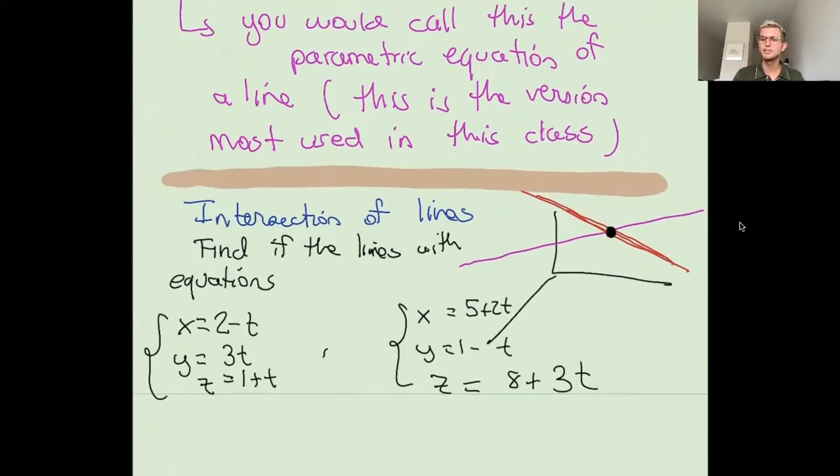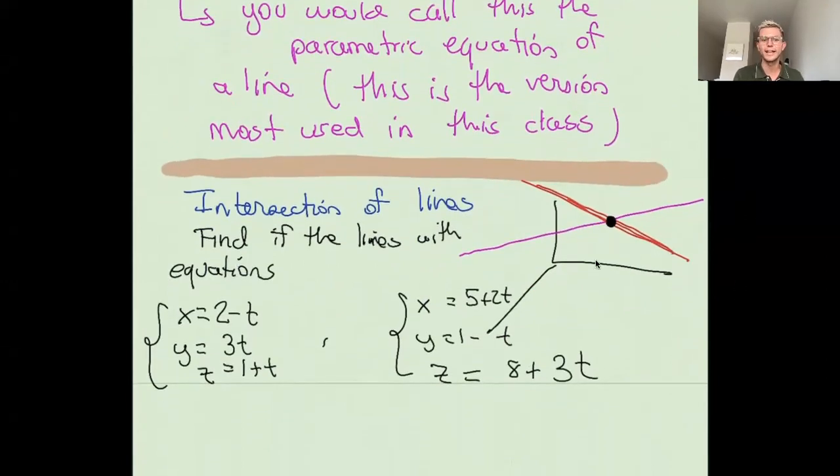So, right, it seems like you should just set the X of the left side equal to the X of the right side, the Y of the left side with the Y of the right side, and the Z of the left side with the Z of the right side, and solve for T. But there's something you have to be careful about.